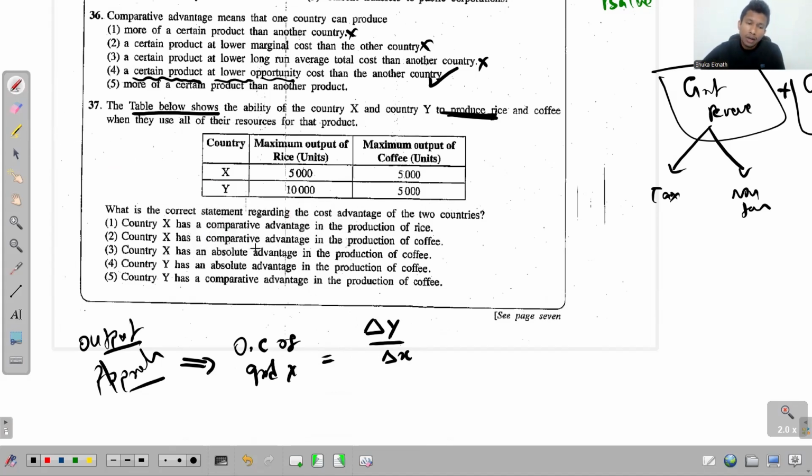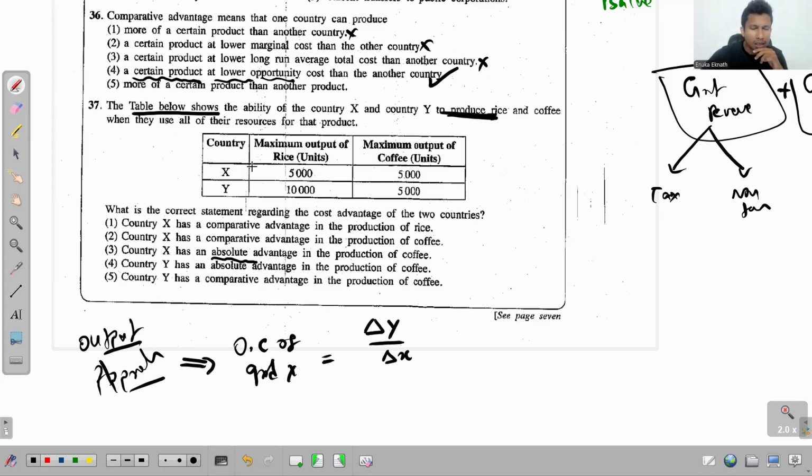Then in the options they even talk about absolute advantage. So as I mentioned earlier, it's about the highest production, or the highest productivity. Clear? So I think we will need to recognize both. Simply by looking at the given values, you can recognize a country with the absolute advantage.